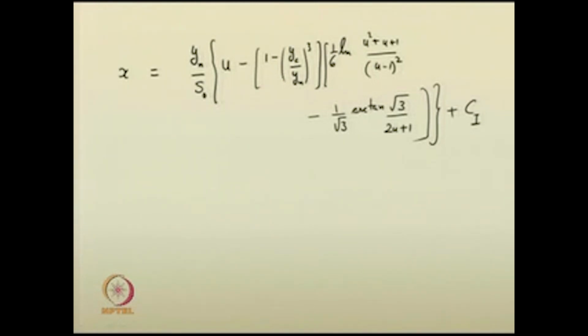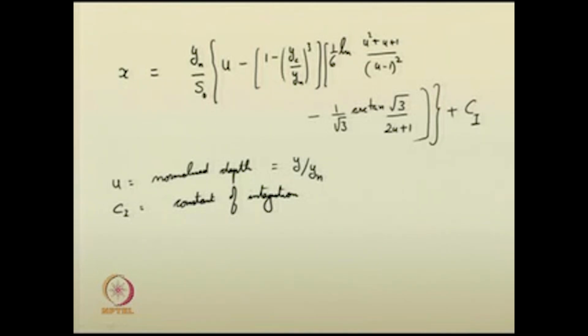Like this, one can give a solution for the dynamic equation where x is the horizontal distance, u is the normalized depth, that is given as y by y_n, C_I is the constant of integration, and all other terms are explained earlier also.